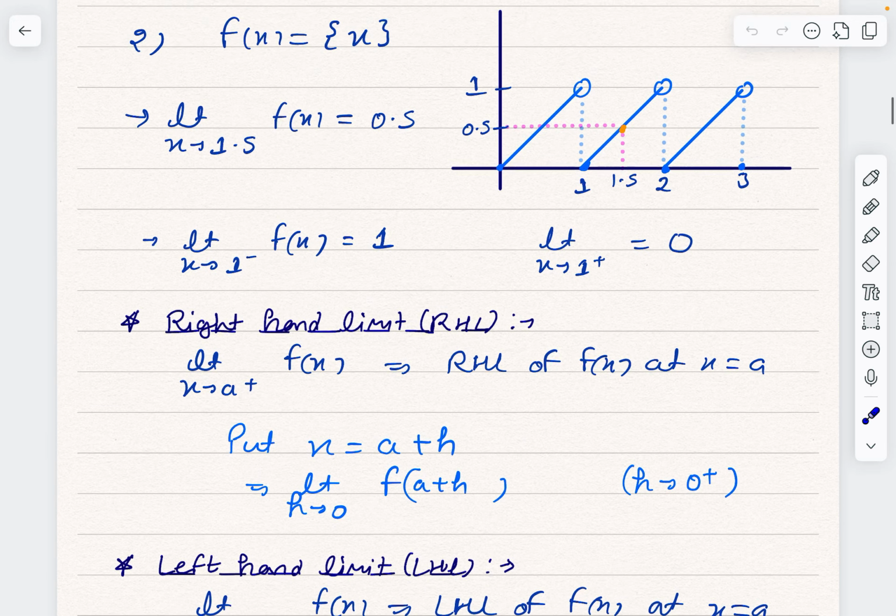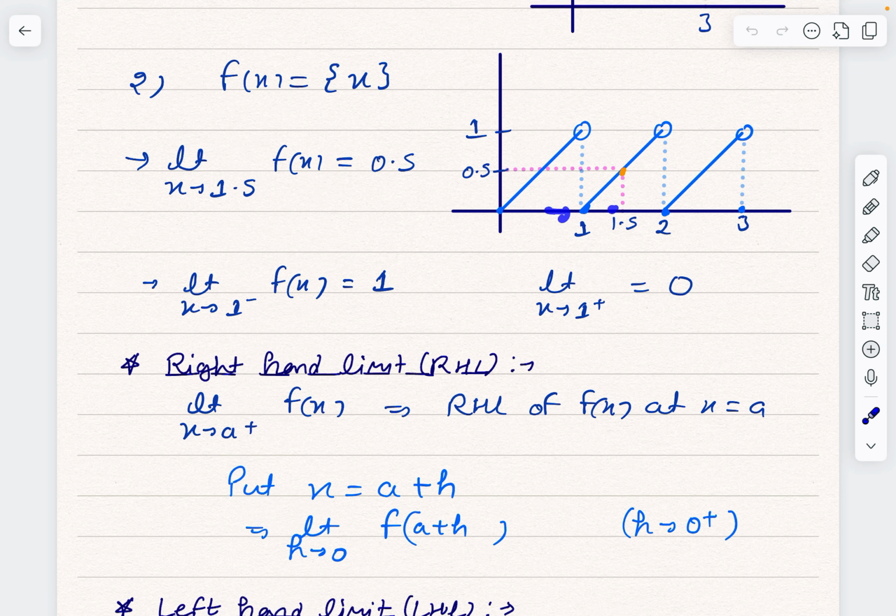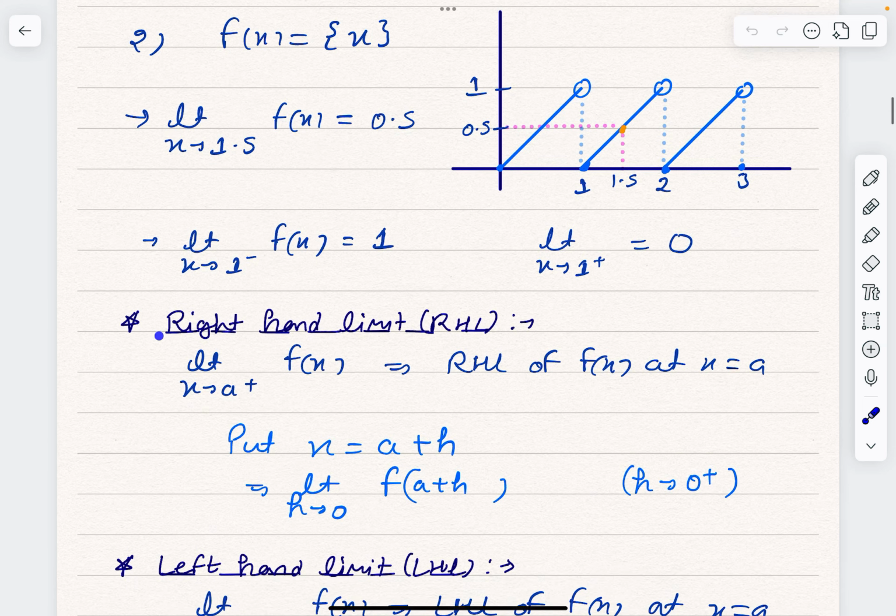Right hand limit, like what I told you here, we approach from the left side or the right side. We have terms to describe them also. One is right hand limit, for which we use the short form RHL, and the other is left hand limit, for which we use the term LHL. Right hand limit, as the name suggests, we approach from the right side.